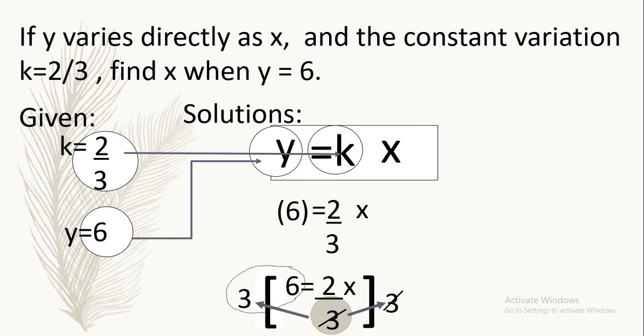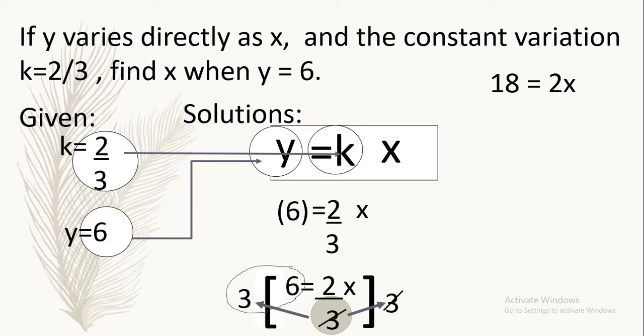Then these two, we're going to multiply. So we have 18 is equal to 2x. So bakit yung 3 yung imumultiply natin both sides? Because yun yung denominator. So ang purpose nun is to cancel our denominator para wala na tayong fraction.